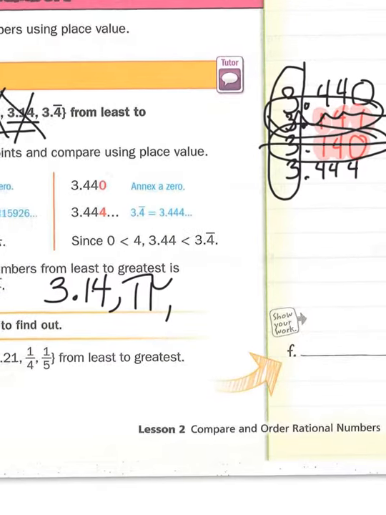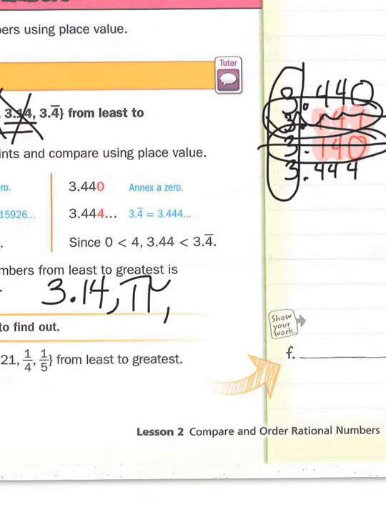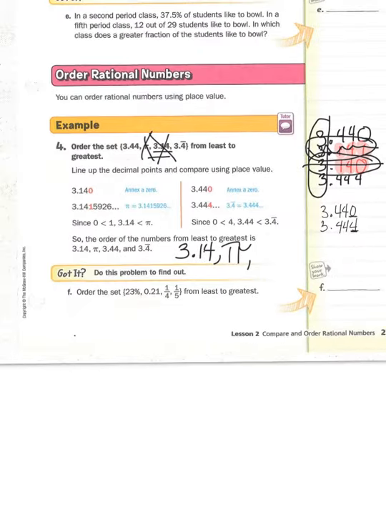Now, we are going to look at the two numbers remaining, which again, it's 3.440, 3.4 repeating, okay? And when we compare place values, you can see that we have a 0 and we have a 4. So the one that's 0 is going to be the smaller number. So the next number when we order them is going to be 3.44.